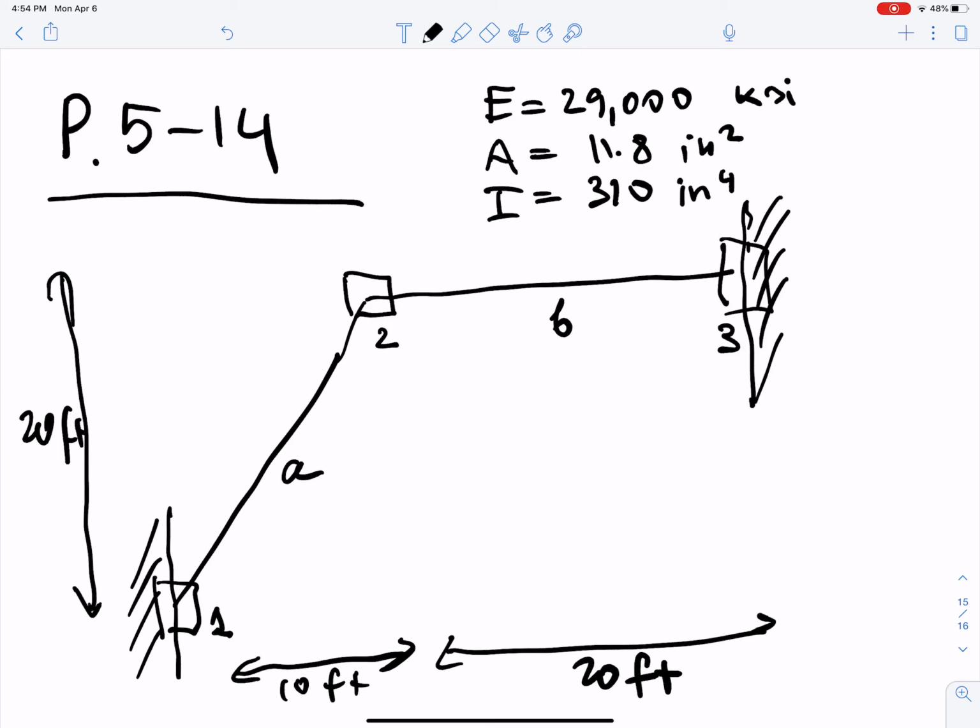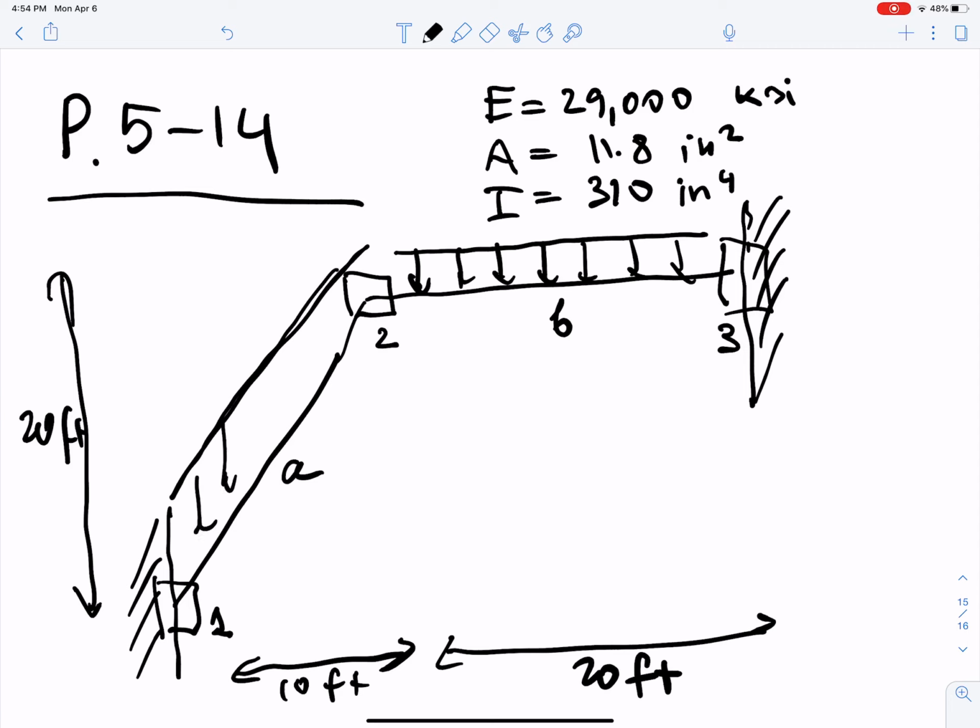So what I'll do is apply a uniform distributed load like this, pointing vertically, and then I'm going to distribute another load, same magnitude, same direction. In both cases we're going to get 1.5 kilopounds per inch.